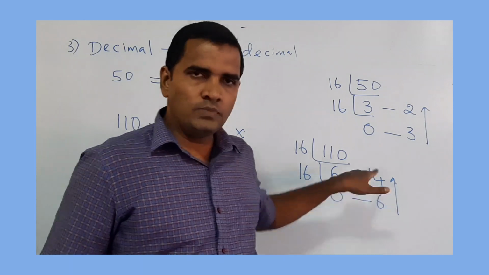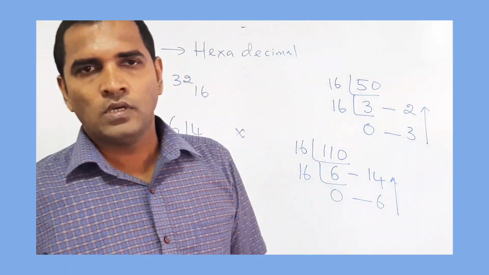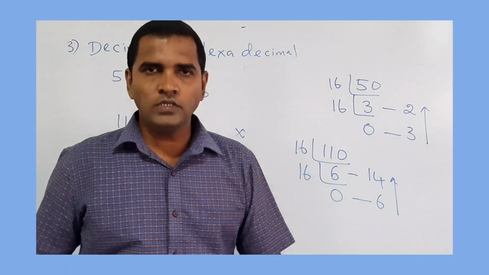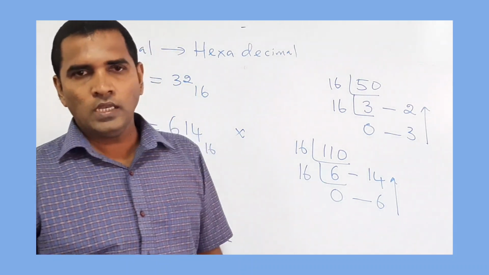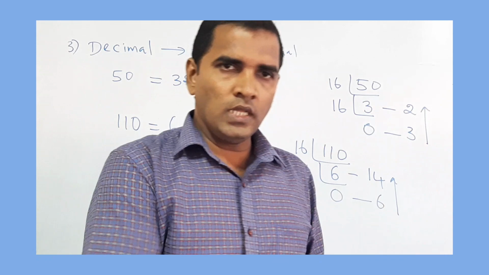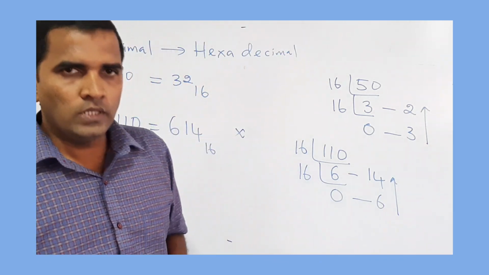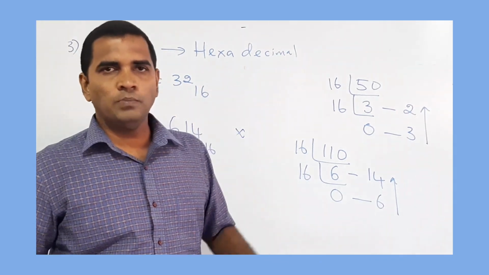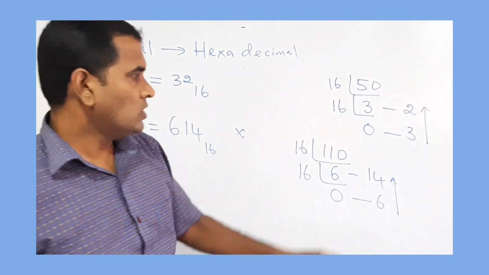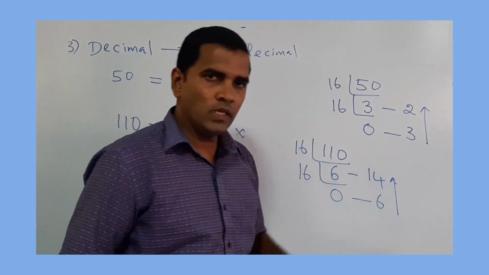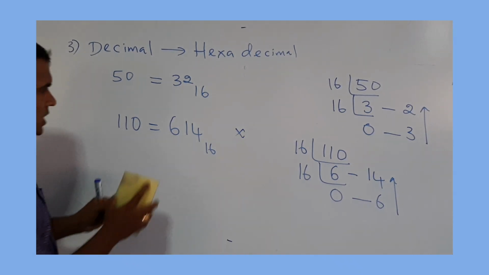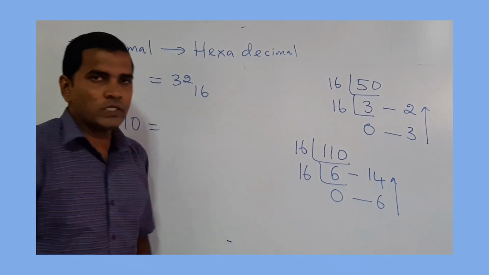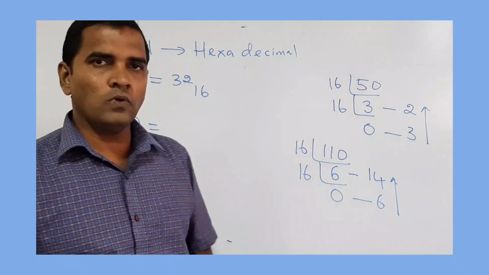But note, 15 cannot be written, 14 cannot be written as a number, because in hexadecimal from 10 to 15 we use alphabets for representing the numbers. So since you have 14 here, you cannot write 14 directly. You have to write the English letter which represents 14.